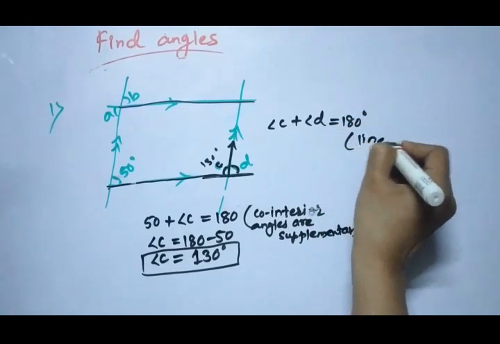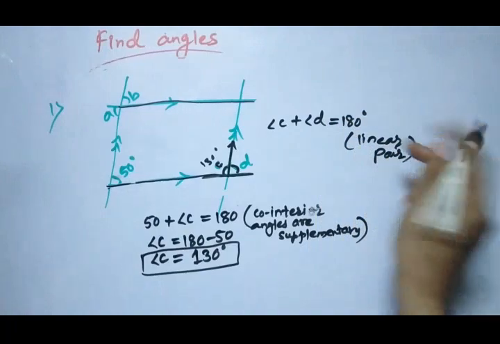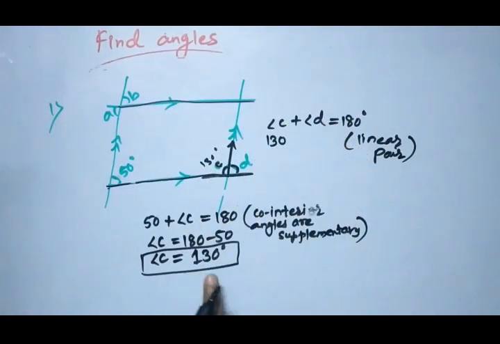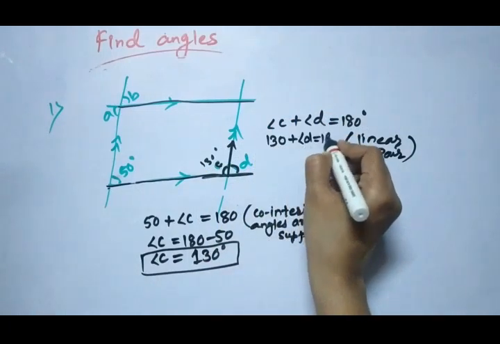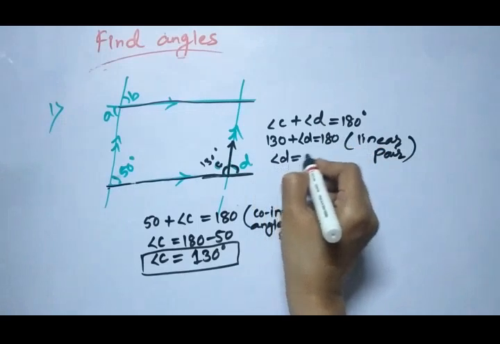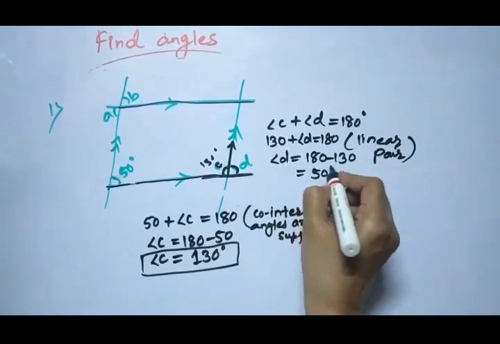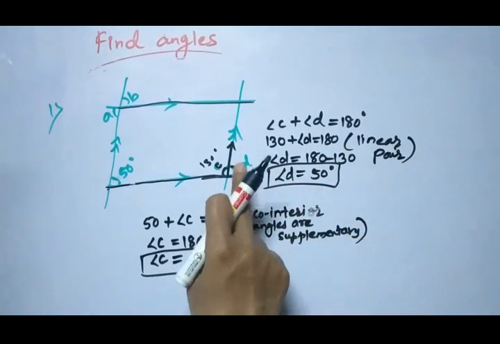Reason is linear pair angles, and their sum is 180 degrees. Angle C we just found 130, plus angle D we don't know, so keep it as it is. So angle D is equal to 180 minus 130. So friends, you'll get 50 degrees. So we got one more angle, angle D, which is 50 degrees.